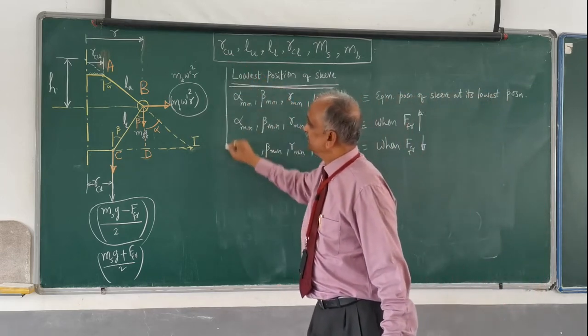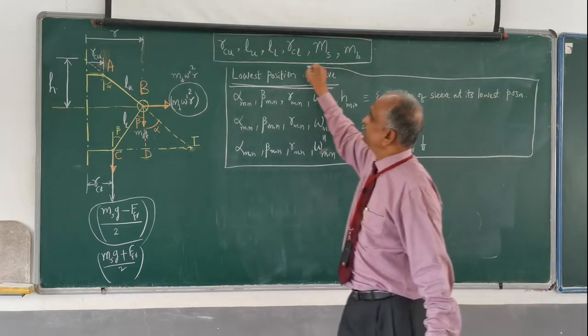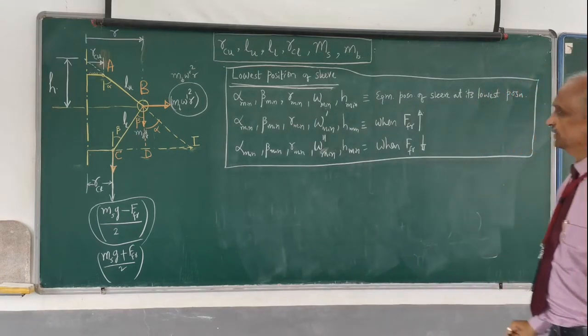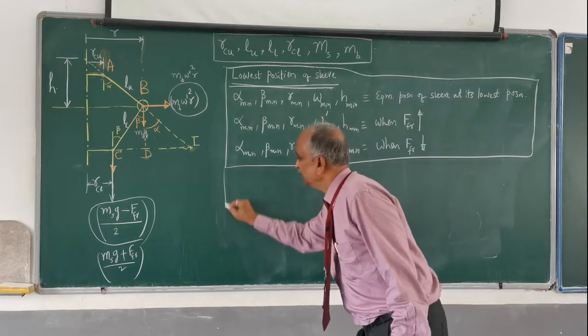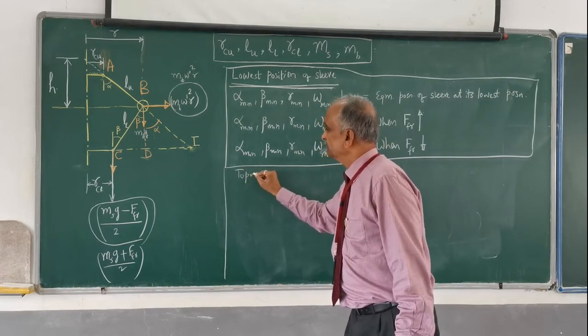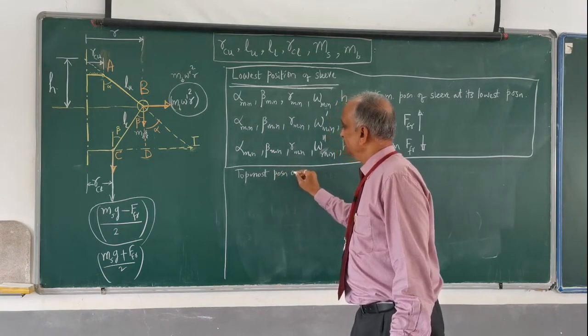These are the different notations you use when the sleeve is in the lowest position. Similarly, you have a similar set for the topmost position of the sleeve.